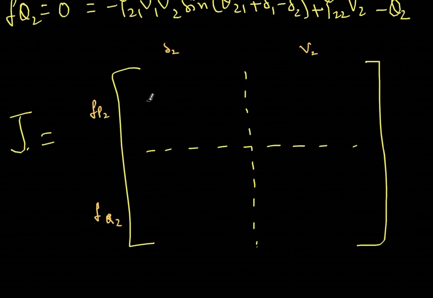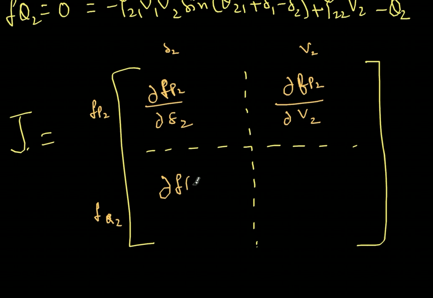So here I will differentiate function P2 with respect to delta 2. Here, differentiate function P2 with respect to voltage V2. Differentiate function Q2 with respect to delta 2, and function Q2 with respect to V2. So all four combinations we are getting here. So let's do this differentiation.